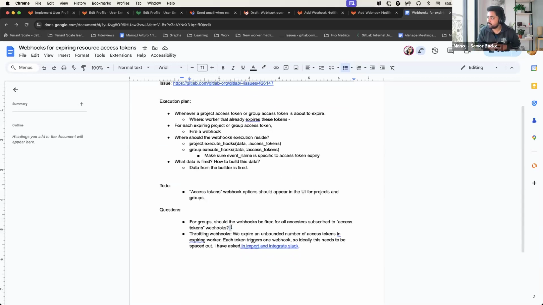My first question is for groups. Groups already have ancestors, and my question was whether, say your parent is also subscribing to access token webhooks, and the subgroup is also subscribing to it, should we fire two different webhooks? Basically, should we go up the ancestry and check who all have subscribed to access token webhooks and then fire it?